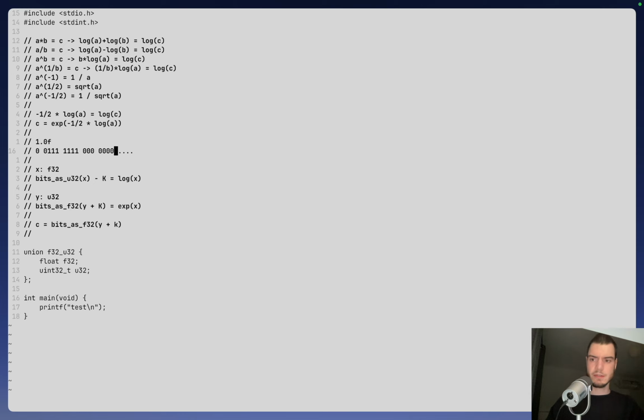Actually, let me just write this. k is equal to this very large integer value, which is just the integer representation of the floating point value 1, which is the point where our logarithm function is 0. Something to the power of 0 is equal to 1.